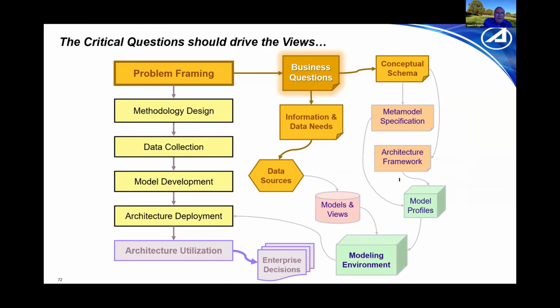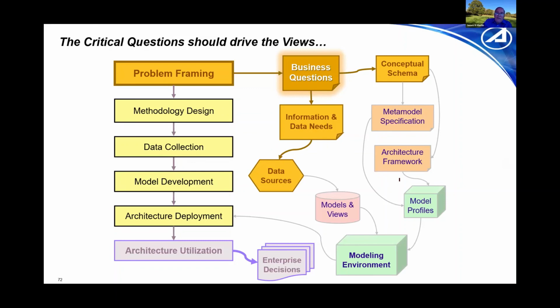And the basic thing is problem framing. You're trying to identify the high-level questions. I call them business questions, not the questions engineers ask, but the questions usually decision makers ask. In other words, the users of the architecture, what questions will they ask? And then the conceptual schema that goes with it. Of course, UAF provides a conceptual schema.